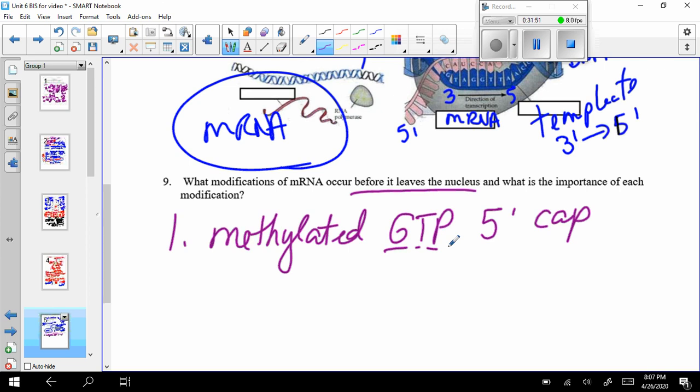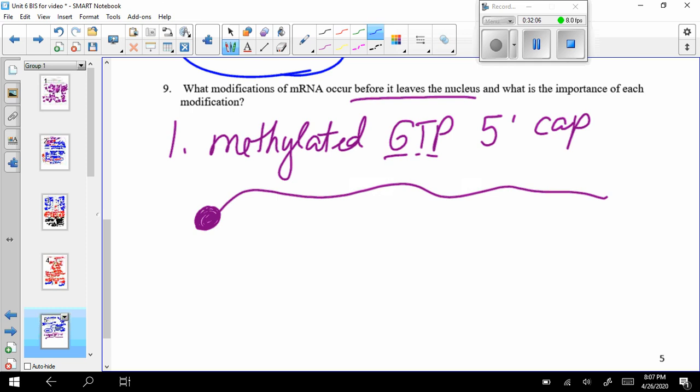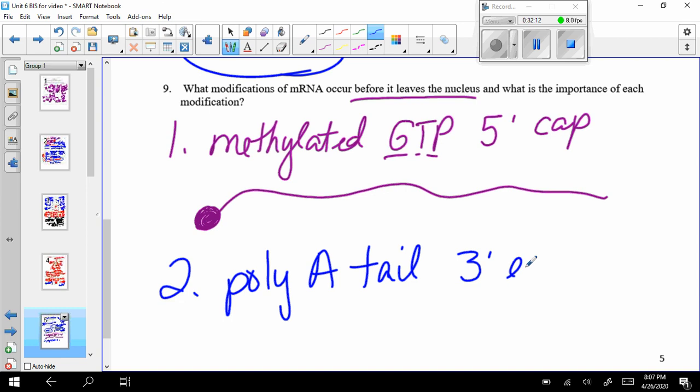You might remember that when we built our mRNA molecules from our DNA molecules, you had to take your big long chain that you made, and you added that single piece to it, and that was your methylated 5' cap. And then the second step is adding a poly A tail to the 3' end.